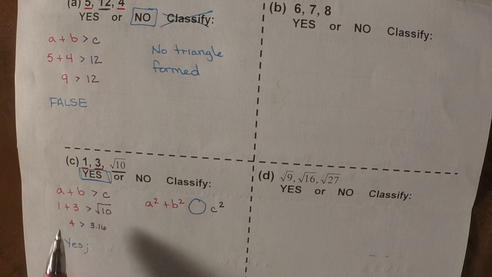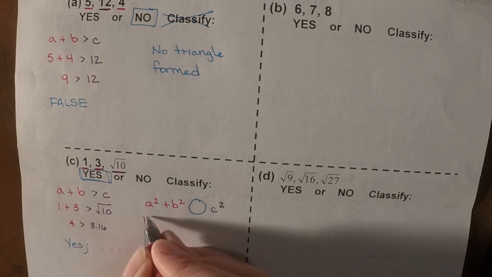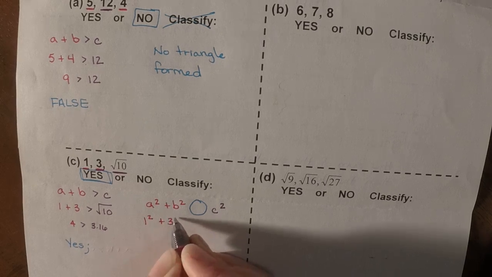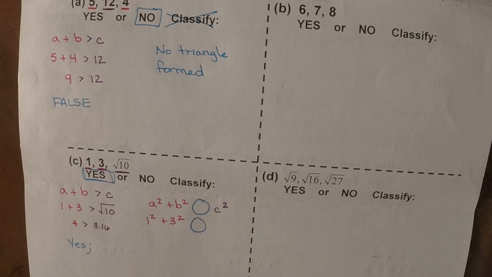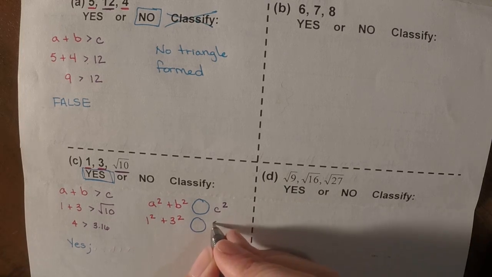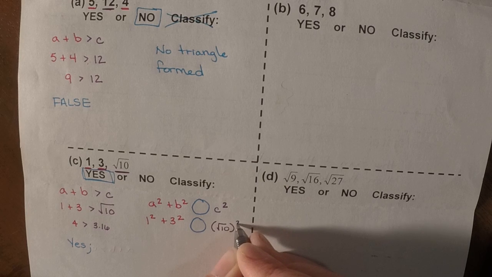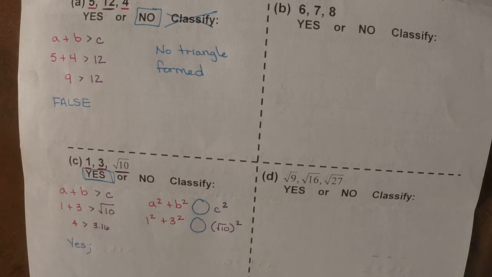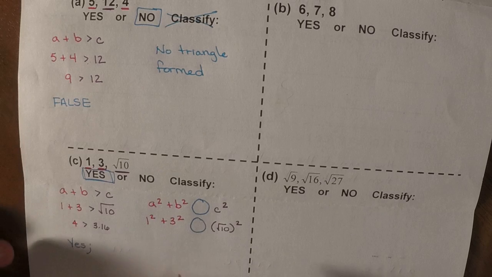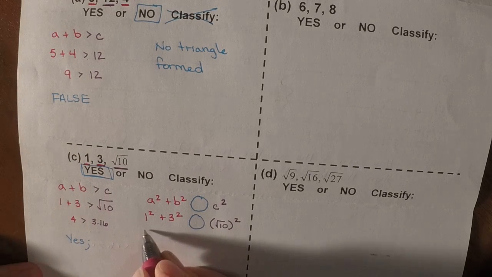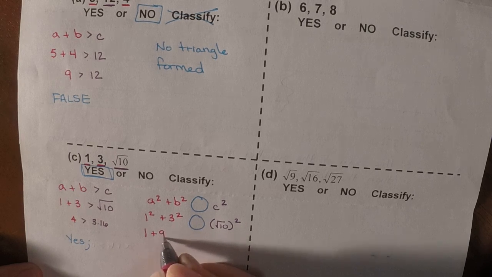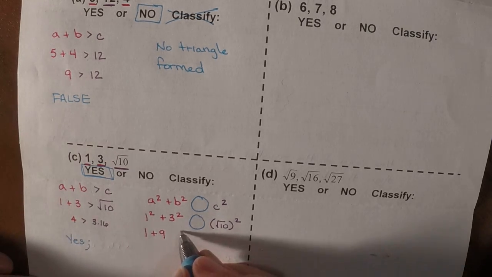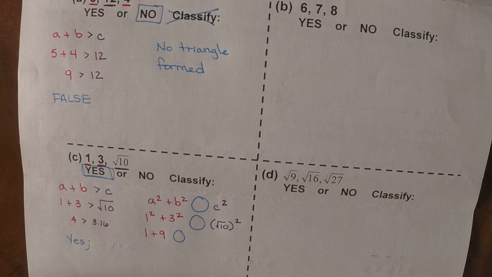So then a and b we already figured out were 1 and 3, so we've got 1 squared plus 3 squared, and then we're going to compare that, so there's our circle, to root 10 squared. So if I start to simplify, 1 squared, 1 times 1 is 1, plus 3 squared, or 3 times 3 is 9, and I have to compare that to root 10 squared.